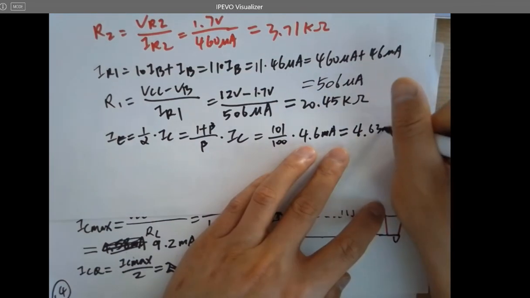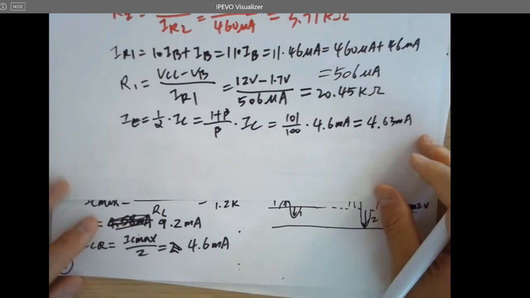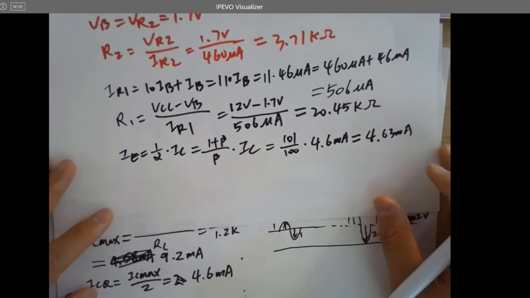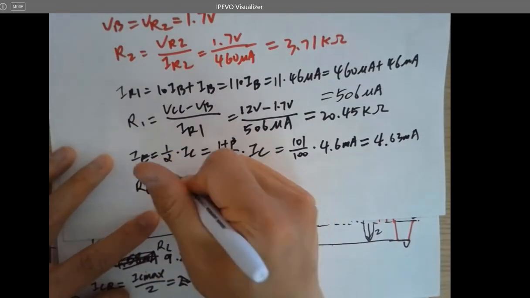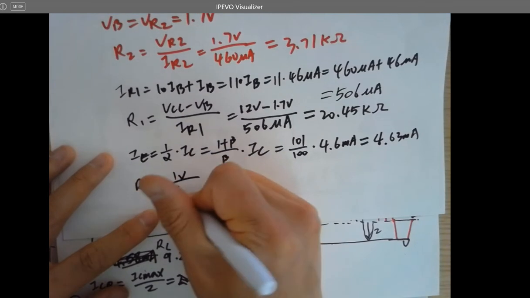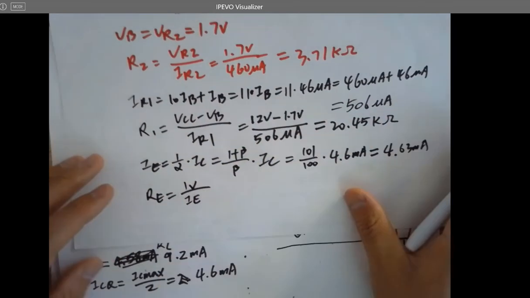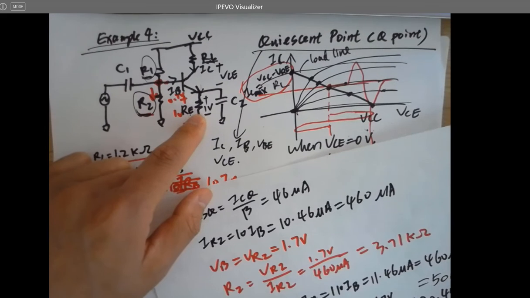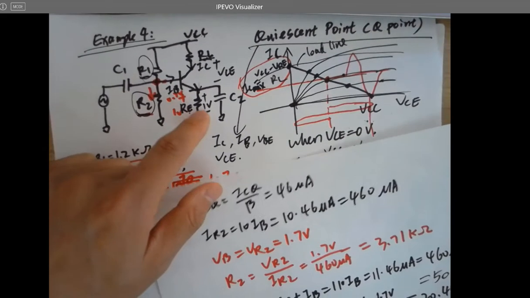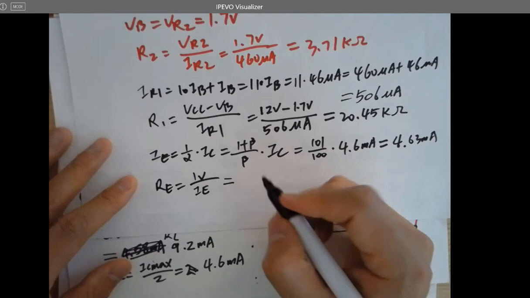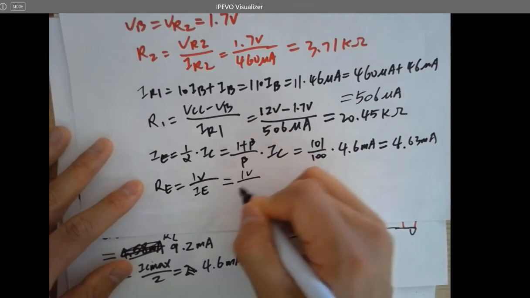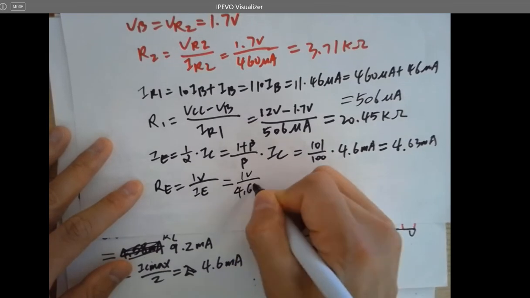It's 4.63 milliamps. So RE equals 1 volt over IE. 1 volt is given, so keep in mind, you are thinking, how do you magically get 1 volt for VRE? It's given. So 1 volt over IE, which is 1 volt over 4.63 milliamps.